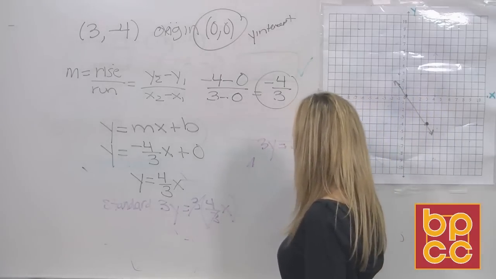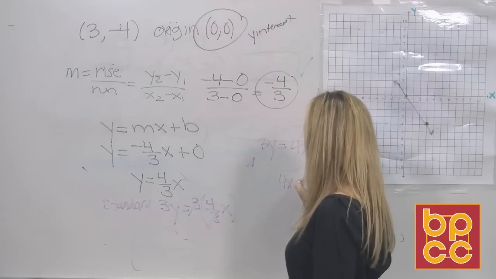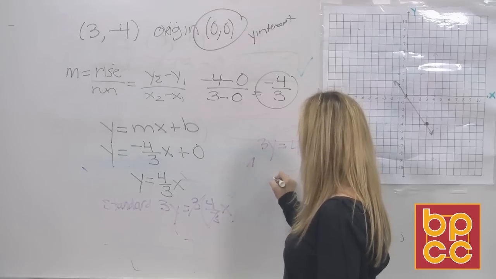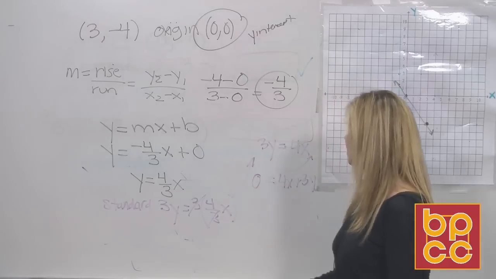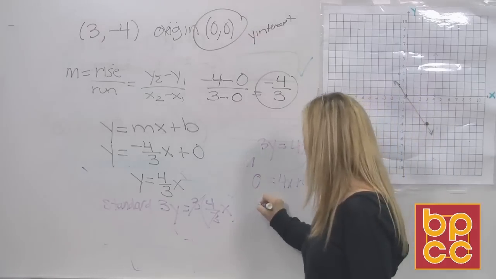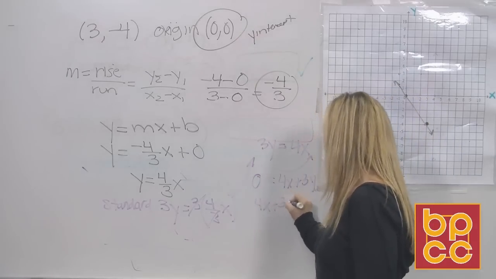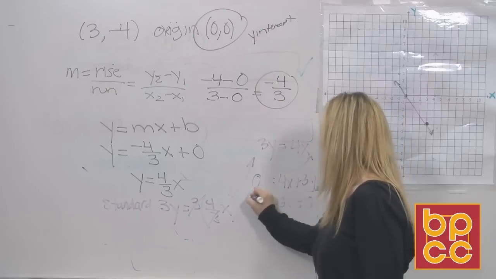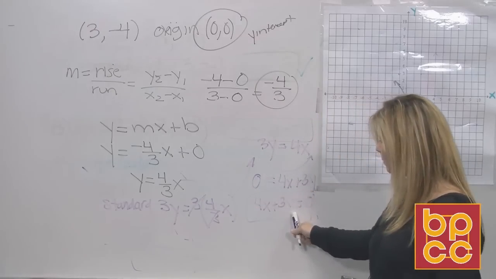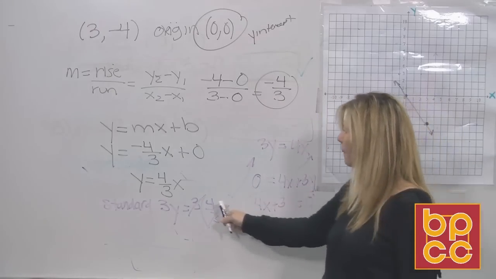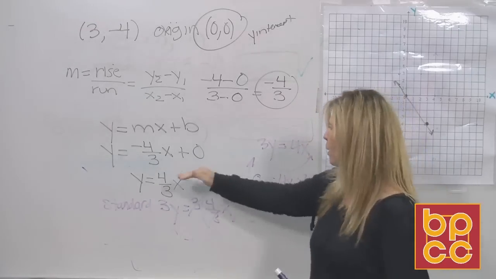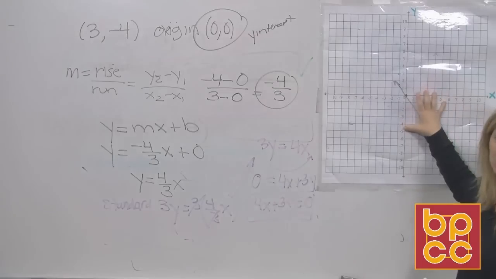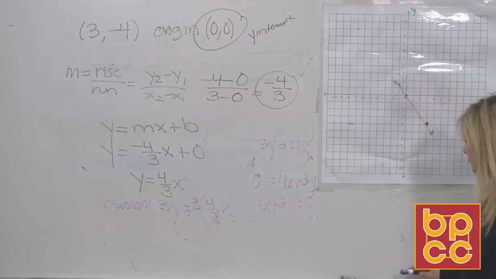So when I move the 3y to the right, I'll have 4x plus 3y. Then there's going to be an equals. Well, if you move it, on that left side is 0. And then I'll just write it correctly. 4x plus 3y equals 0. That equation, 4x plus 3y equals 0, means the same thing as this equation, y equals 4/3 x. They're both the equation of this picture, of this line.